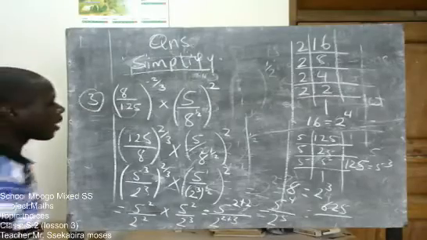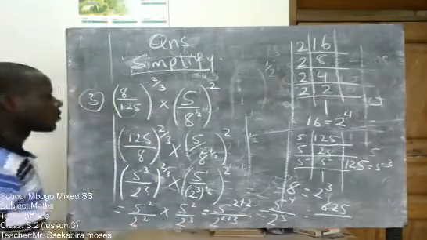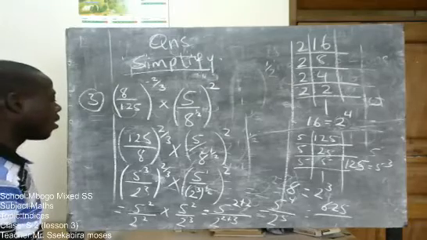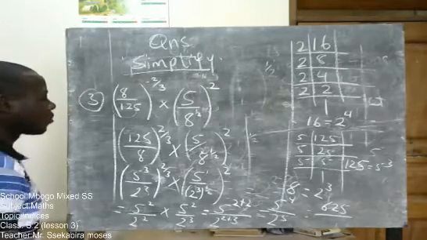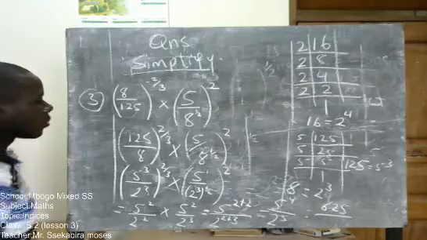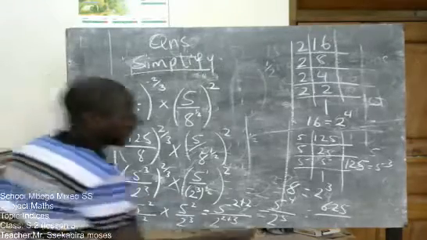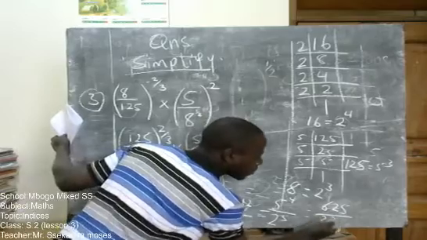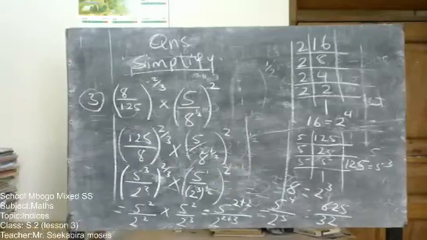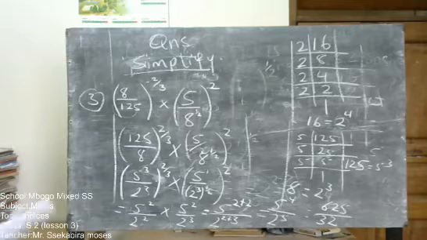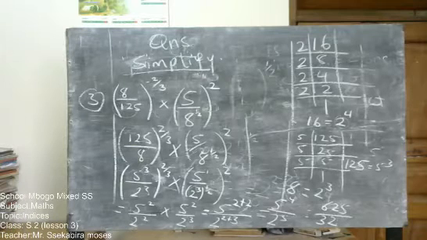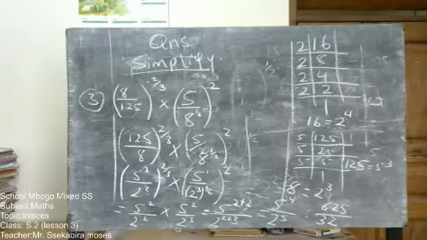You are going to multiply 2, 5 times: 2 times 2, 4 times 2, 8 times 2, 16 times 2, you get 32. Now our answer becomes 625 over 32.